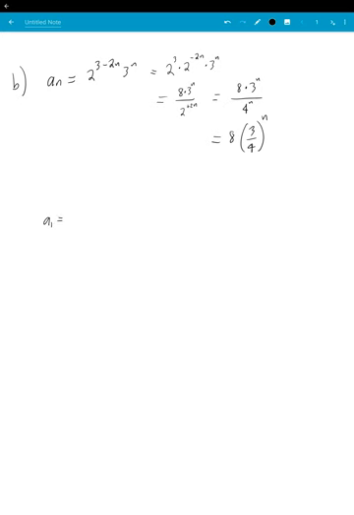We have a_1 is going to be 8 times (3/4)^1, which is 8 times 0.75. You can think of this as 75% of 8. And a_2 you're going to get 75% squared, right?